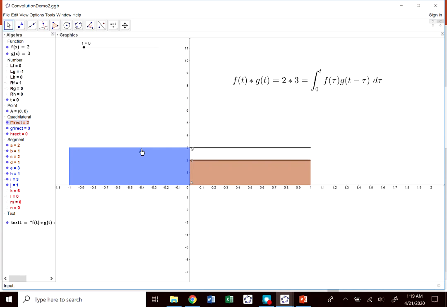The answer is this rectangle scooted to the right by 0.1 units. Let me repeat that. G of 0.1 minus tau is the blue rectangle shifted to the right by 0.1. Trust me on that. If you don't, this is how I want to argue.